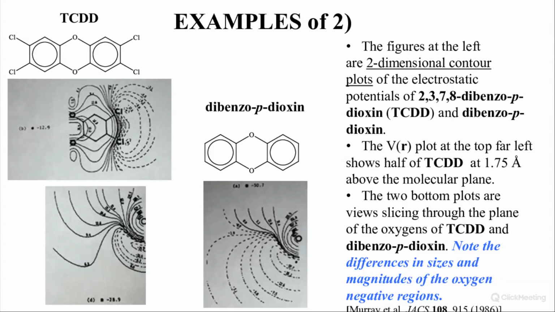And then what we noticed is that if you take the chlorines off, the oxygens have large negative regions, but not for TCDD. And we felt that this had something to do with the receptor interaction. But anyway, the TCDD was too big for me to optimize. We ran these calculations at STO-5G.